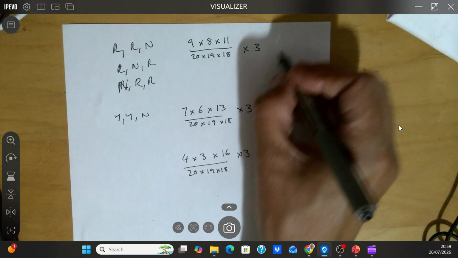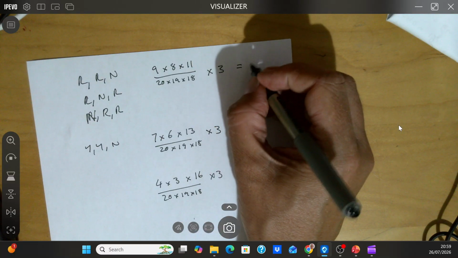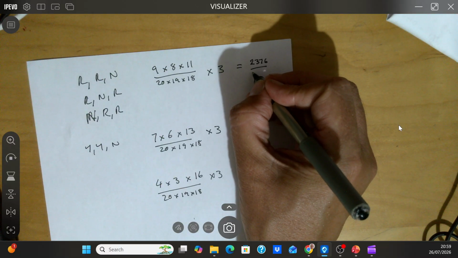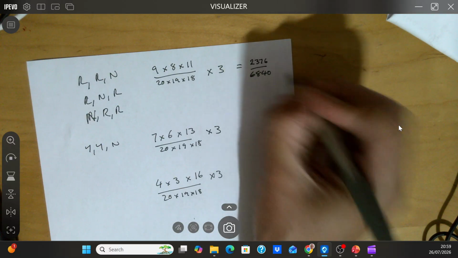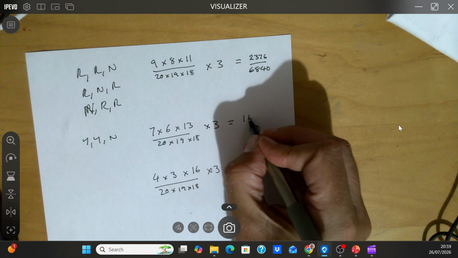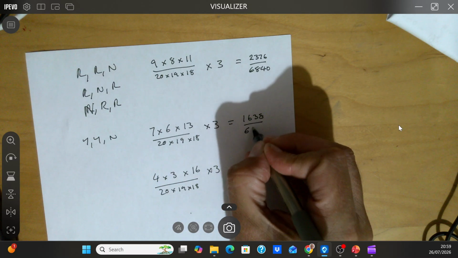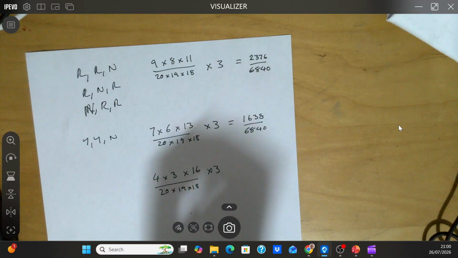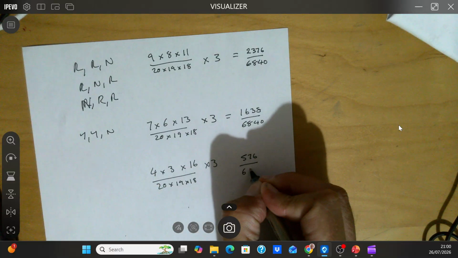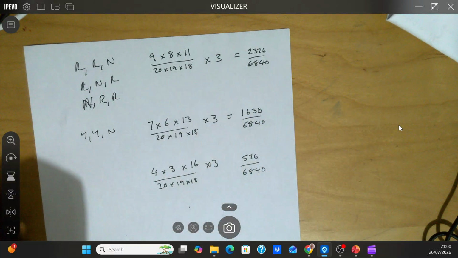So this gives me 2376 over 6840. This gives me 1638 over 6840. This gives me 576 over 6840. So what do we need to do with them?